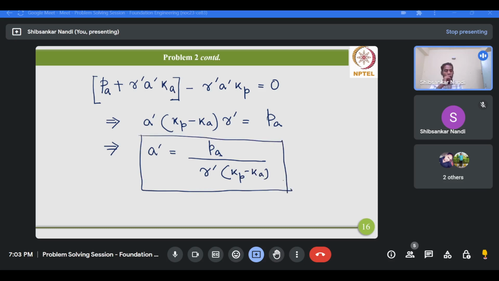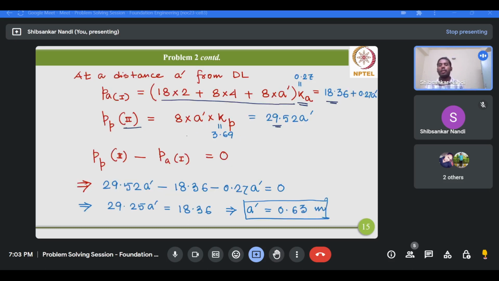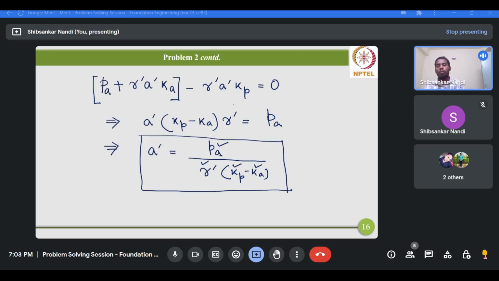If you can remember only these values, Pa, Kp, Ka and gamma prime, then in this way also you can calculate the A prime value, though the approach is the same. Earlier we substituted the values from the beginning, but here we proceed with the variables in symbolic form and move to the final expression in analytical form.